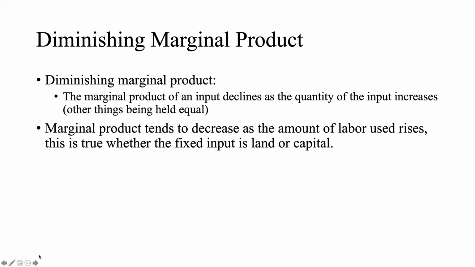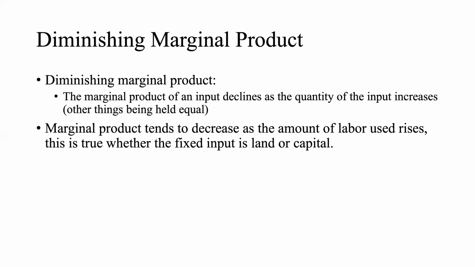So as mentioned previously, diminishing marginal product is effectively what occurs when you add additional workers. At a certain point, adding additional workers or additional inputs, they're going to produce less additional quantity as the number of workers or inputs increases.